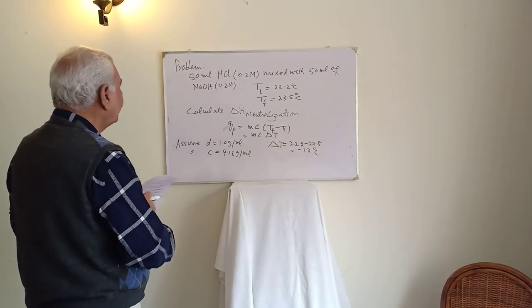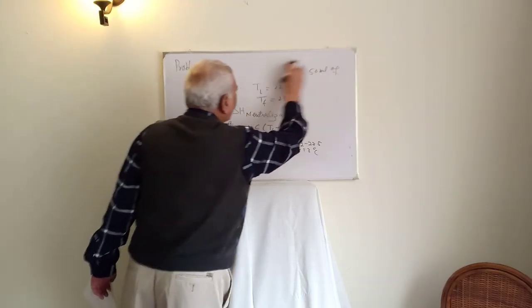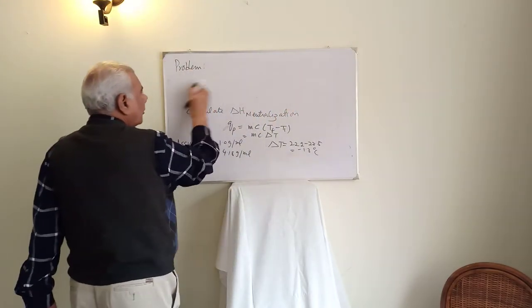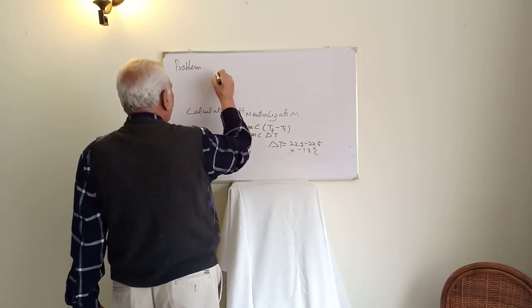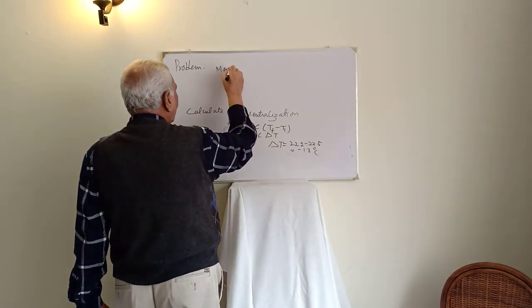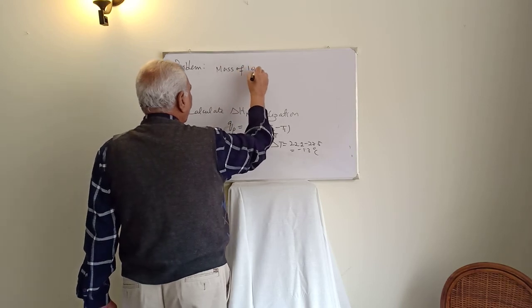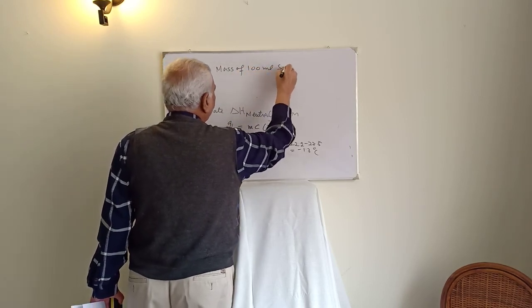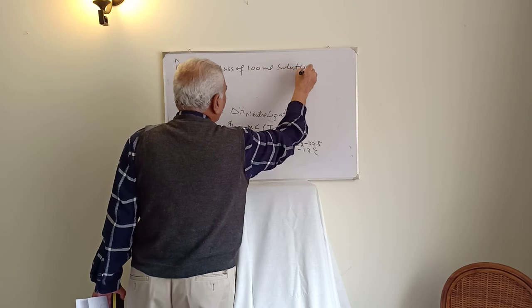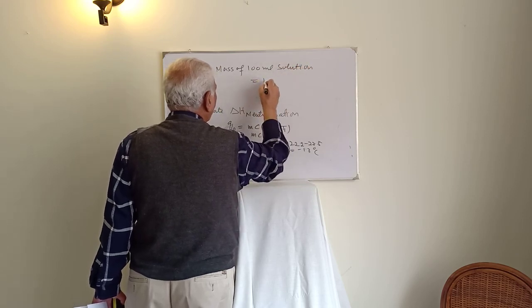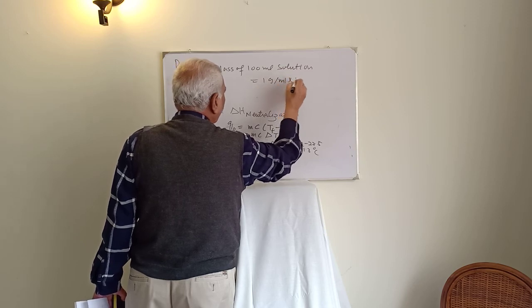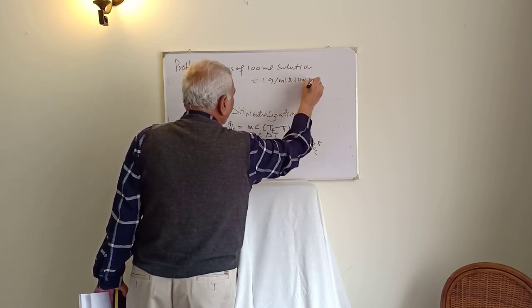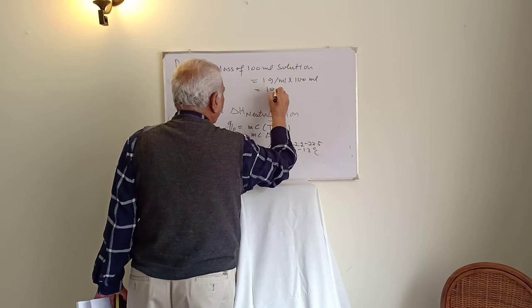Now, right, so mass of 100 ml solution is 1 gram per ml into 100 ml is 100 gram.